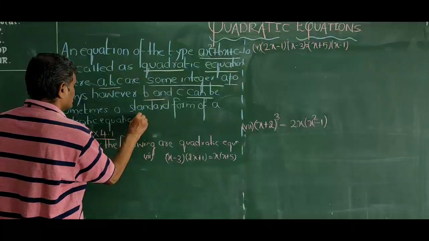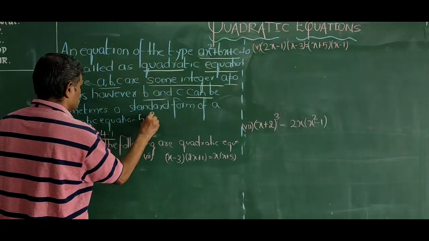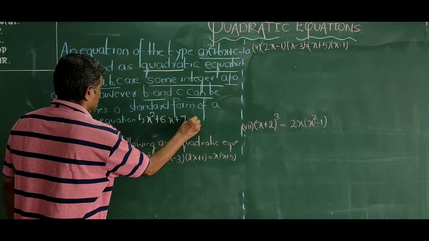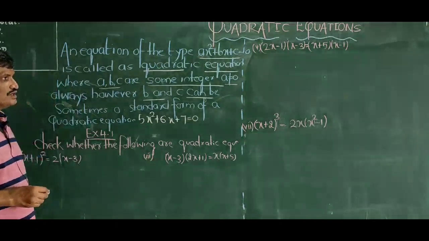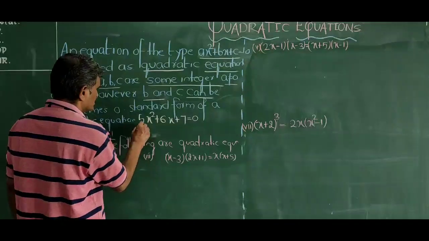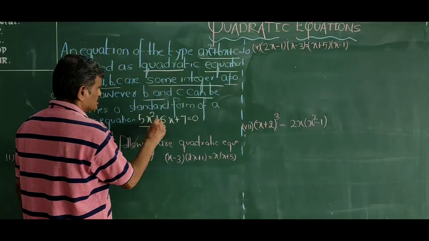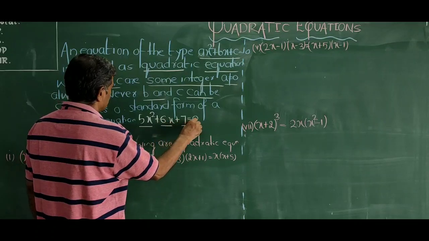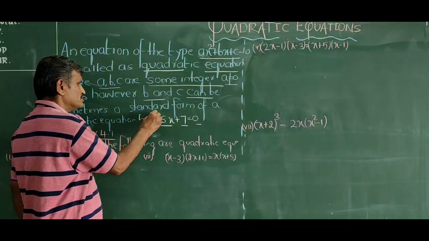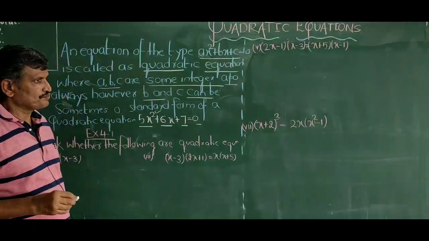For example, say if I take 5x square plus 6x plus 7 equal to 0. If you ask me, sir, is it quadratic? Yes, it is quadratic because it is of the type ax square plus bx plus c equal to 0. That is one reason. Second reason is the degree is 2.